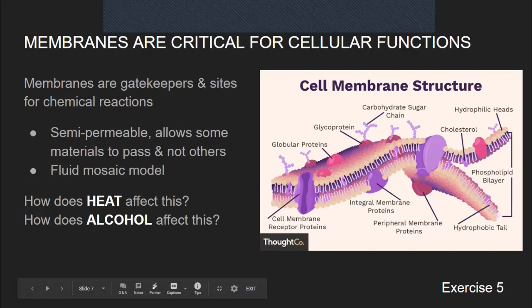And then in the experiment that you look at in exercise 5, you take a look at these questions about how heat and alcohol affect the integrity of this membrane. And you look at that with some beets. So you should have seen some images of some beet that was cut into little cubes. And it was a nice red color.